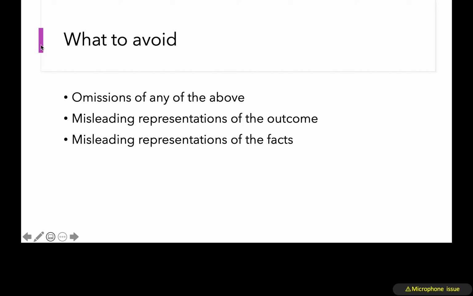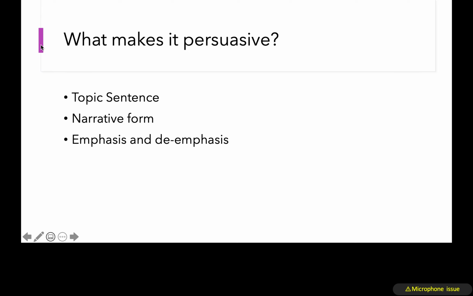If the outcome is negative, the way that we deal with that is by highlighting what's distinguishable about that case instead of misrepresenting the outcome. And we want to avoid misleading representations of the facts of that authority case. So, avoid omissions of any of the above or misleading representations about either the outcome or the facts.